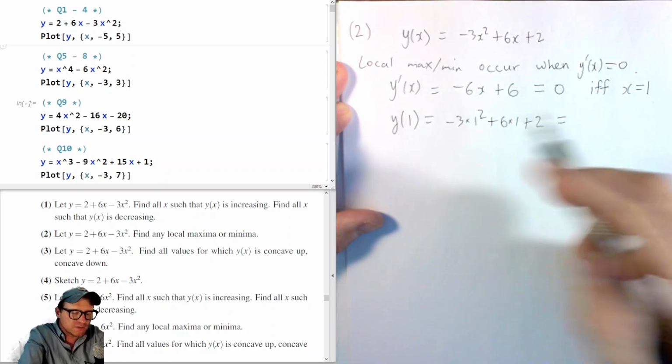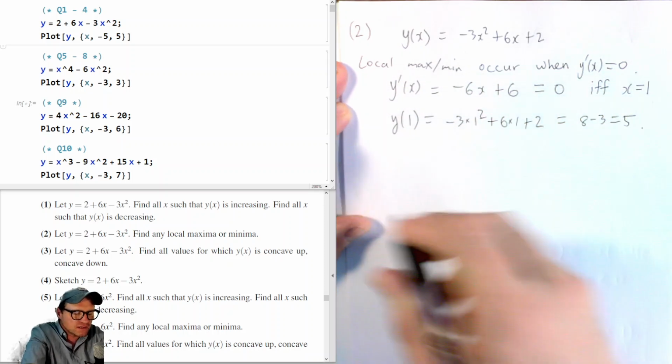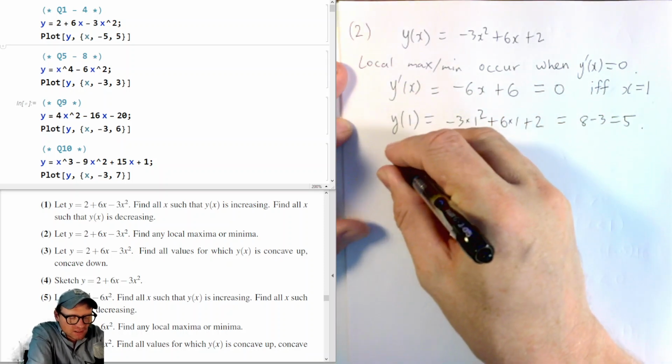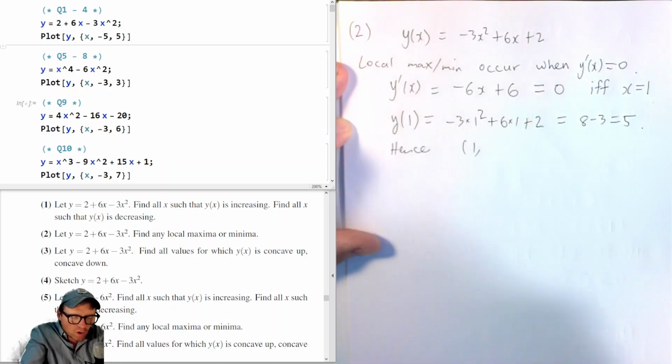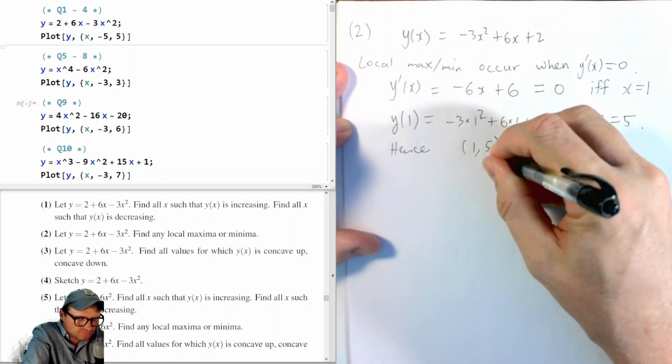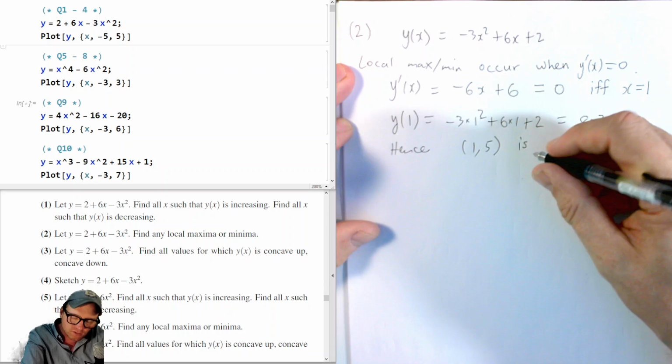And so this is 8 minus 3, which is 5. And so then we learn the point (1, 5) is a turning point or a critical point.